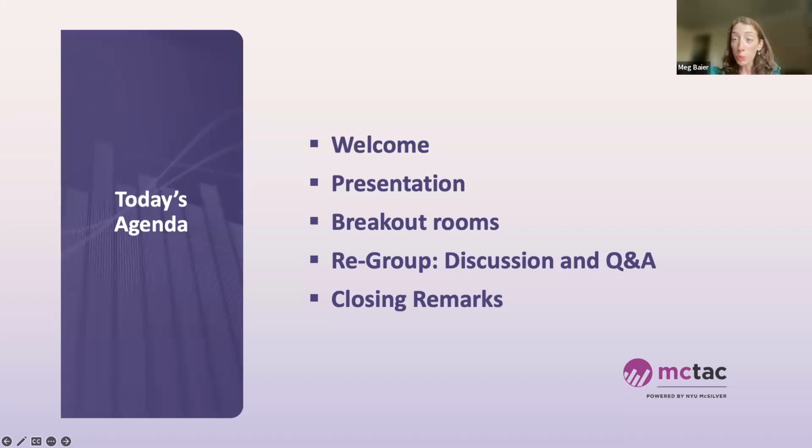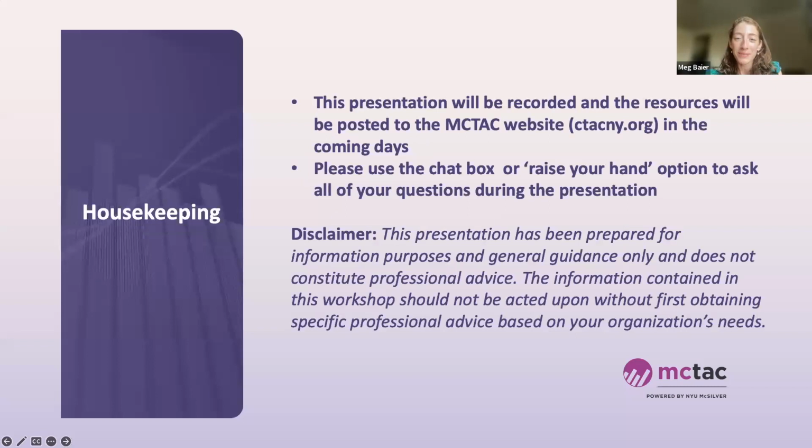Then we'll regroup and have a feedback session where we talk about what you discussed, some of the questions that came up, and even potentially use the opportunity to problem solve some issues that might have come up during the breakout sessions. Then we'll get to the end of our presentation today, and we'll summarize things, have closing remarks, and maybe give you a tiny preview of what to expect on our second workshop that's coming in a few weeks later this month.